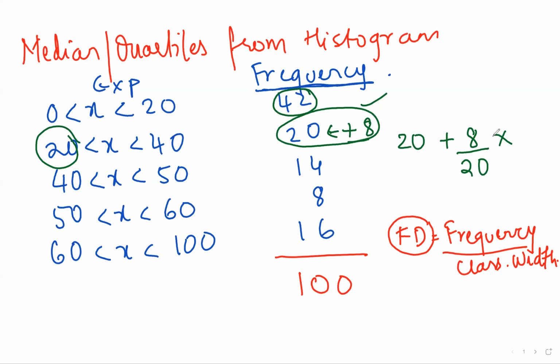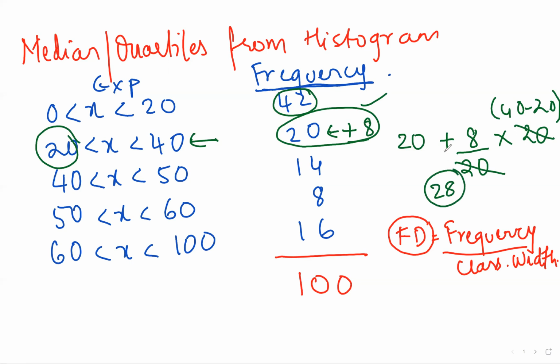So 40 minus 20 is 20, because class width is the difference between the range, which is this 40 minus 20. Are you with me, guys? So the lower bound is 20 plus I have taken 8 from the second part. So 8 over 20 into 20. So what will be my median over here? 20 cut, 20 cut. It will be 20 plus 8, 28.